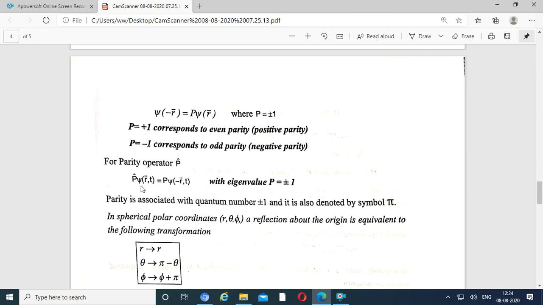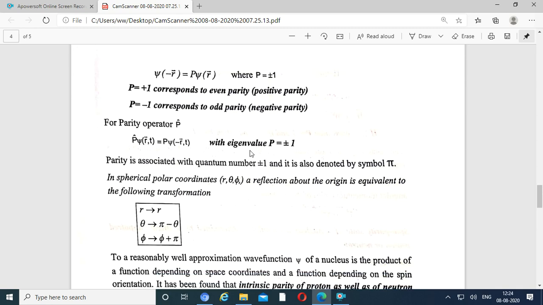For the parity operator P, P psi(r, t) equals psi(-r, t) with eigenvalues P equals plus or minus 1. Here P is your operator and it can take two values, either plus 1 or minus 1.